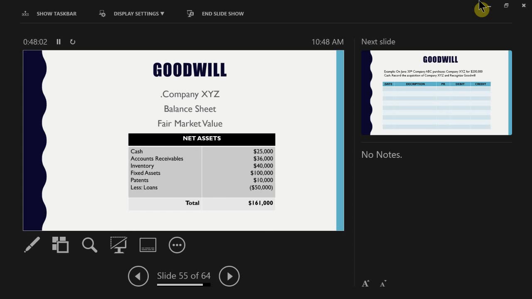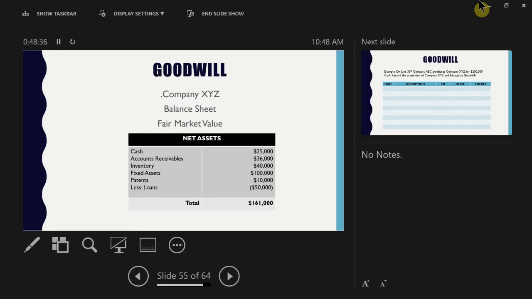Same thing with accounts receivable. However, inventory, right? On their books, they say that it costs them $15,000. But if I go around and sell that inventory, it's going to increase to $40,000. So the fair market value of my inventory when I sell the product is going to be worth $40,000 as opposed to $15,000.